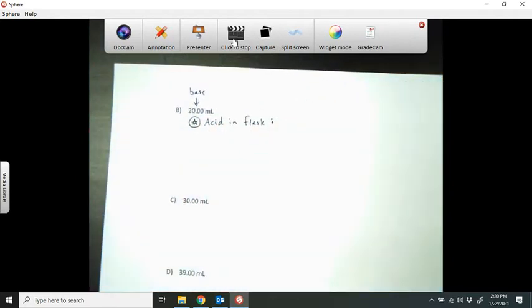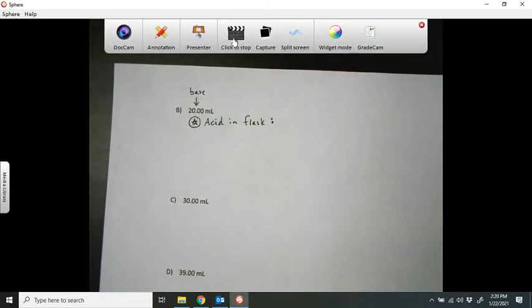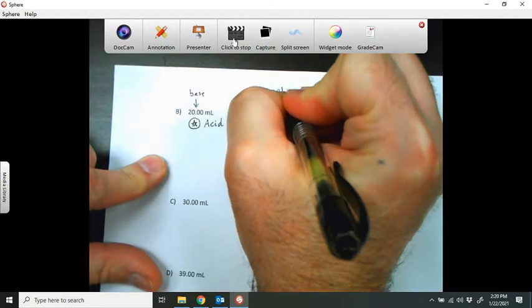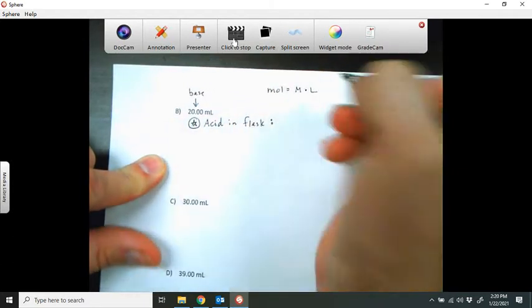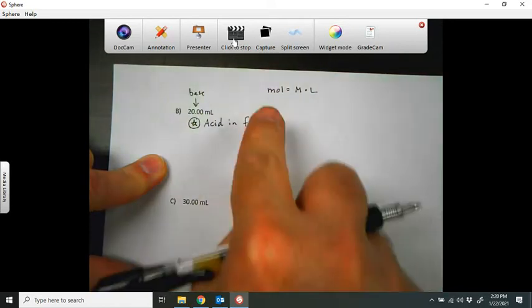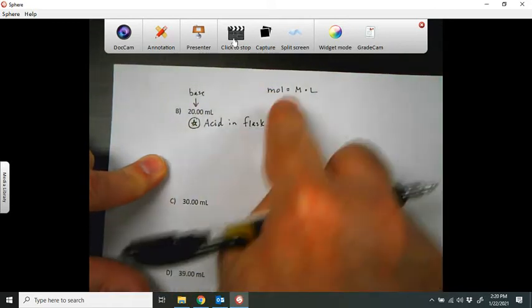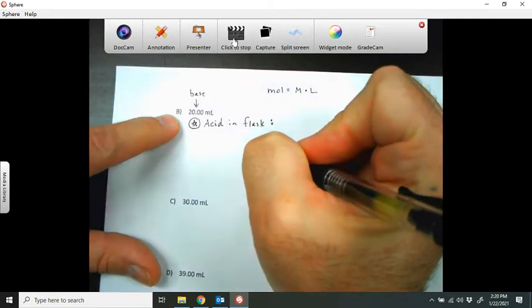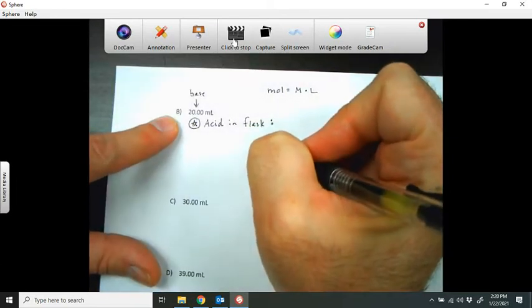We have to work in terms of moles because we know that the base reacts with the acid in a 1-to-1 mole ratio. Remember when we talked, we said molarity times the number of liters gives us the number of moles using the definition of molarity. So we had 25 milliliters of acid.